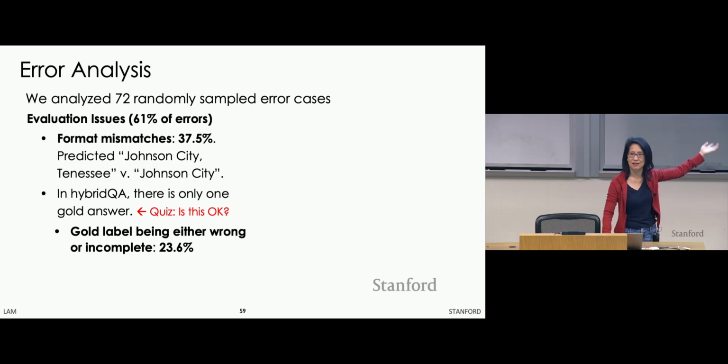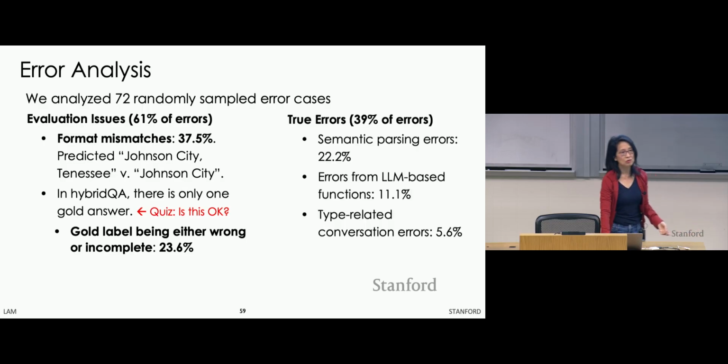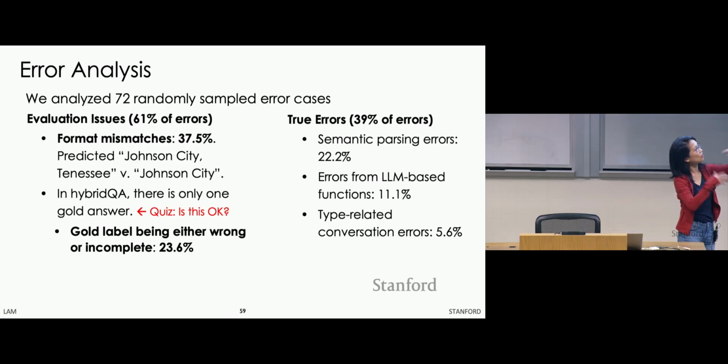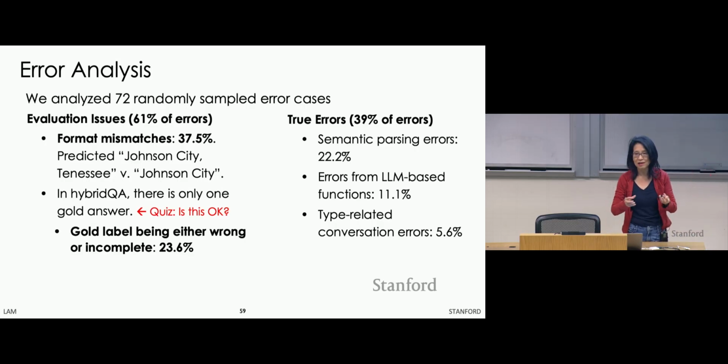I cannot touch it. I cannot do anything about it. The true errors we have are about 39%. 22% out of that 39% is semantic parser and LLM-based functions, we know that's a possibility. And then there are some type-related conversational errors, and you can now go and fix some of that.